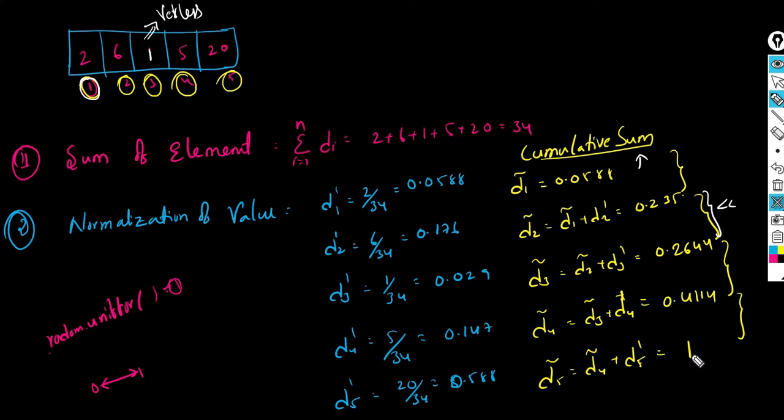Coming to the last one, the difference is larger, which means the probability of picking d5 is higher. That means at position 5 the value has a very high picking probability. In this way, we use the proportional sampling technique and achieve proportional sampling.